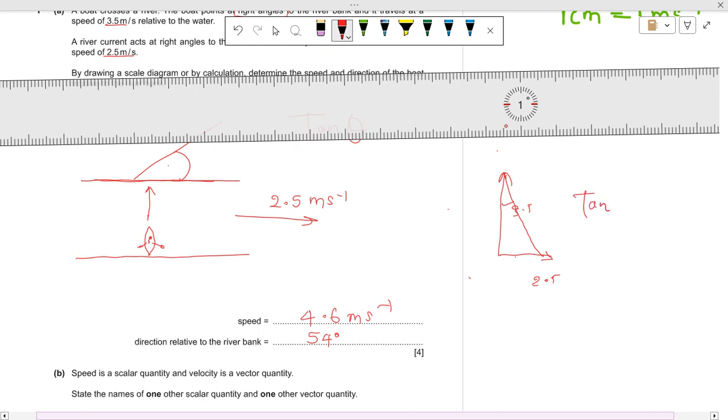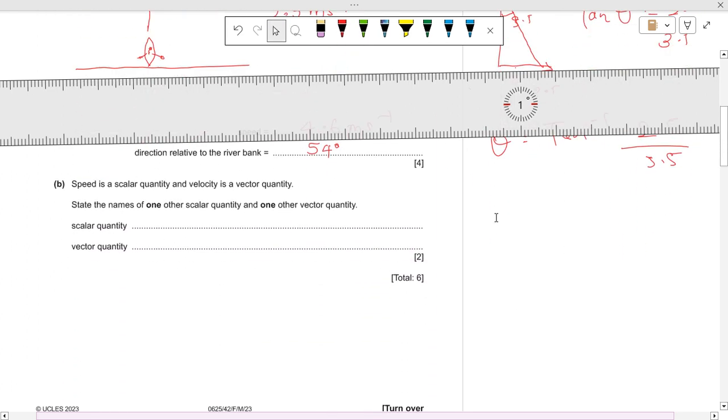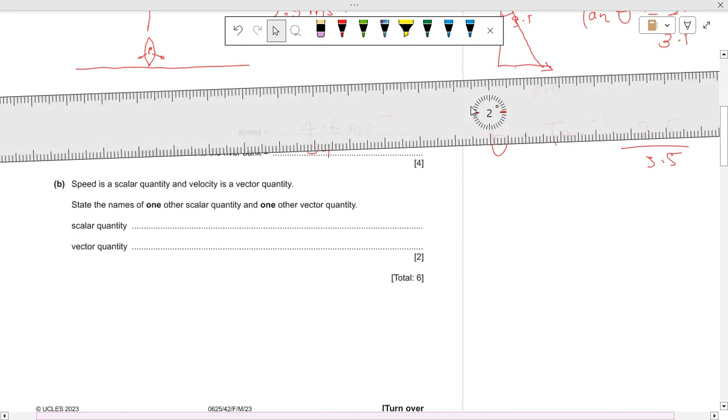Tan theta equals 2.5 divided by 3.5. Theta equals tan inverse of 2.5 divided by 3.5. Right. Part B.